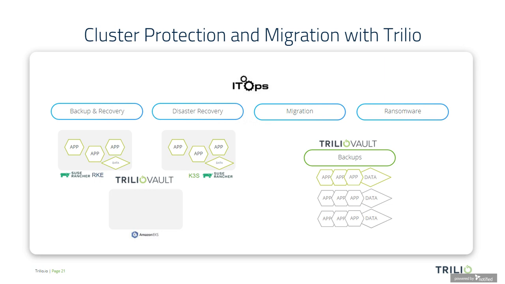You can send those applications and their data to a completely different cloud. It doesn't even have to be the same version or distribution. Trilio gives you that flexibility to transform the data so that the orchestrated recovery of that application, the one that we took from on-prem and recovered off-prem, makes complete sense on that target cloud.